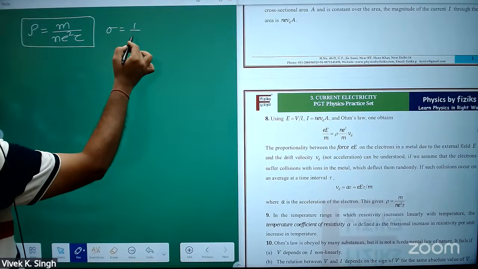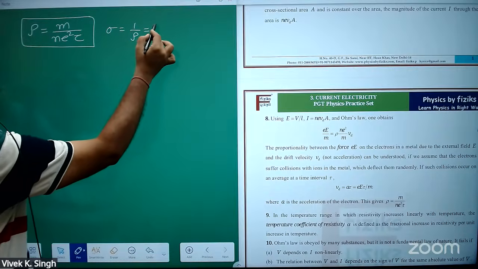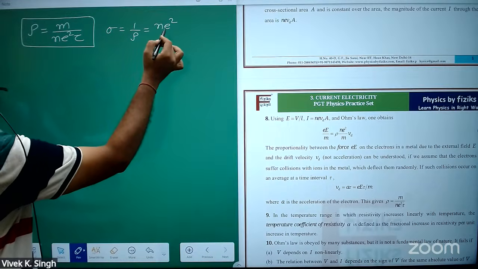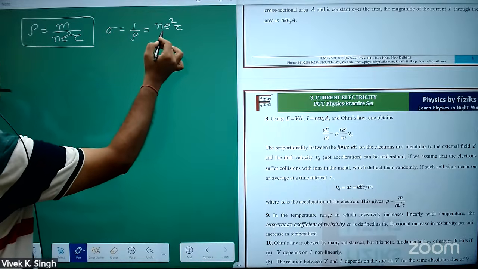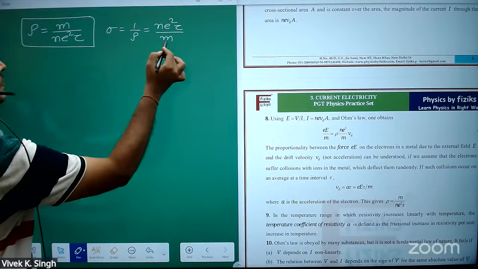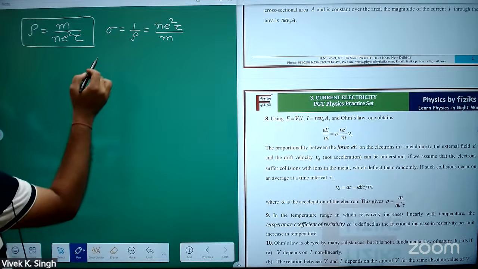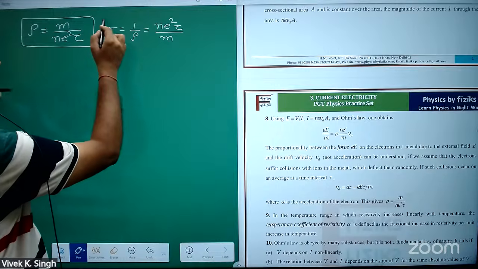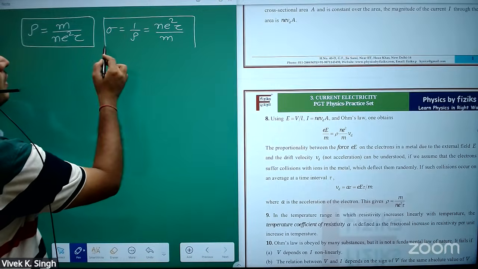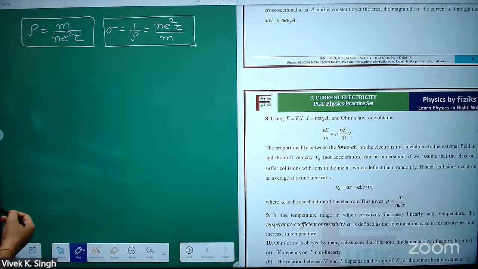So sigma is 1 by rho, which is ne square tau by m. This will be the conductivity. Conductivity sigma is ne square tau by m.